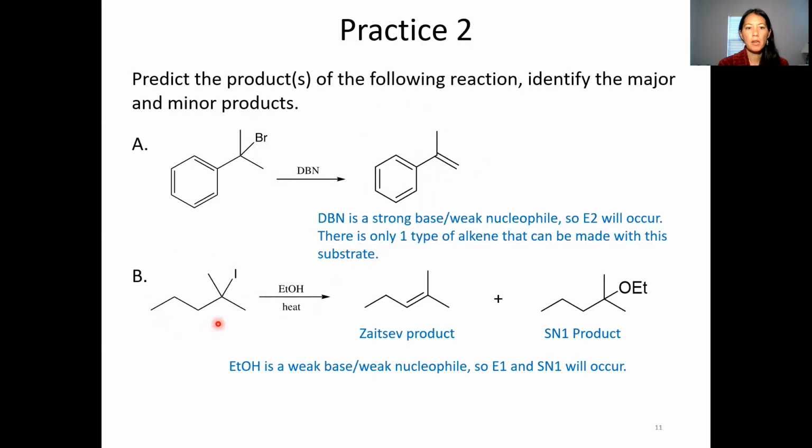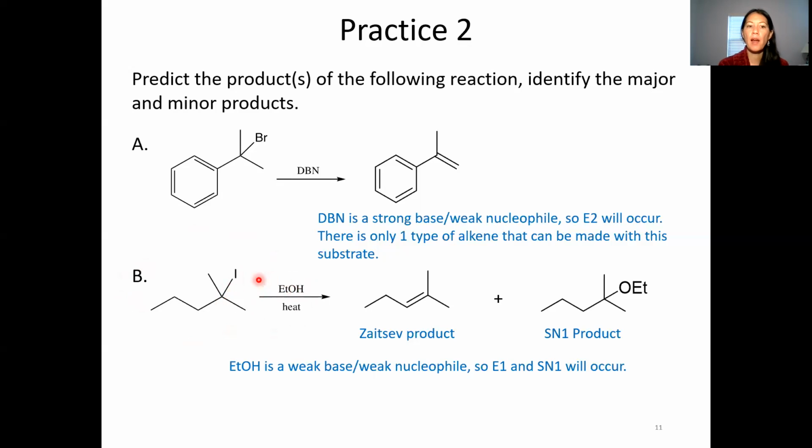For B, we'll look at a couple things. We have ethanol, so it's not an ethoxide, so this is a weak base and weak nucleophile. So if you remember in the chart, what's going to occur there is possible SN1 or E1 when you have a tertiary alkyl halide. So the iodide will leave, it's a good leaving group, and you reveal the tertiary carbocation.